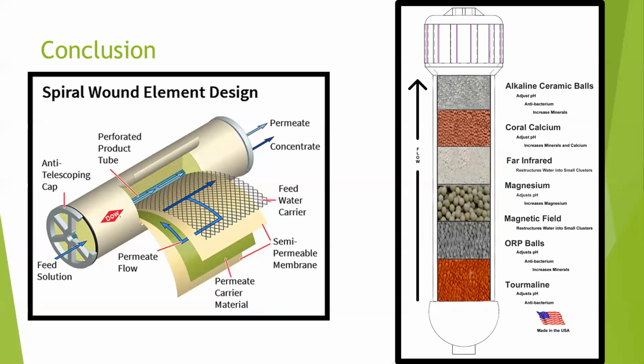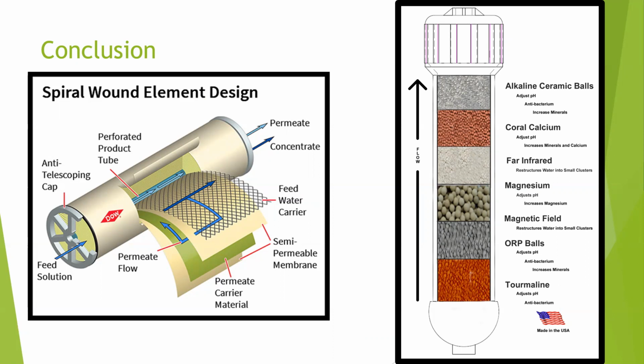The components which are part of the spiral wound element design are the perforated product tube, which allows the passage of water in and out along with different suspended as well as dissolved particles. Then the blue line shows how the permeate flow takes place layer by layer, and the rejected flow continues without entering the filter section.